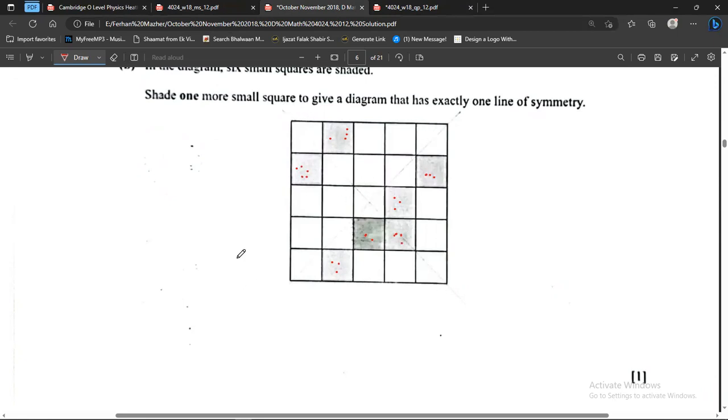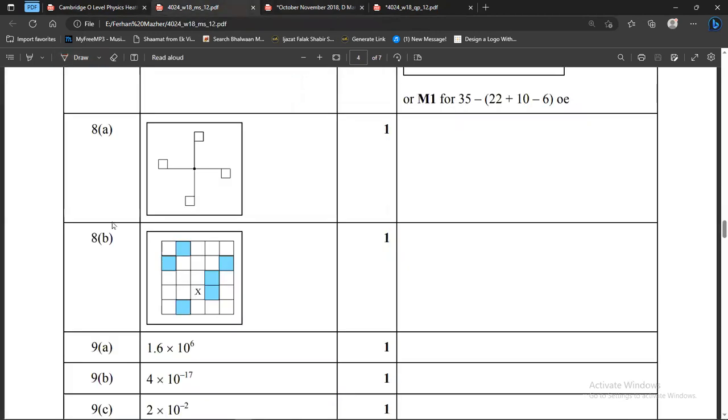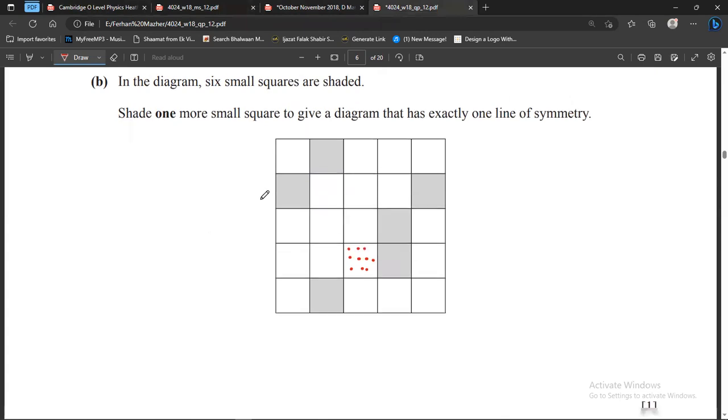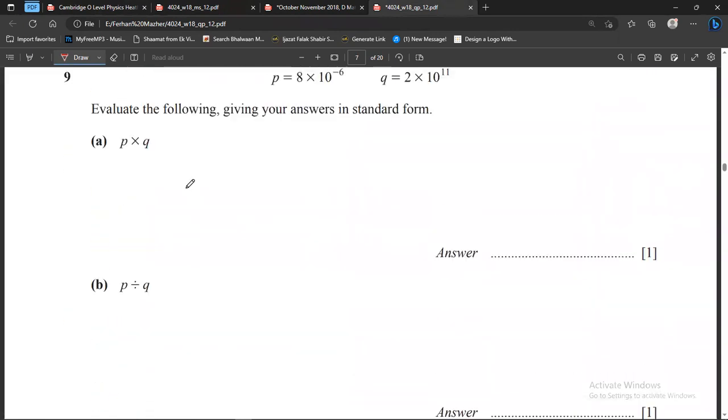This is the only one line of symmetry. A line of symmetry will divide this figure into 2 equal parts, and when you fold the figure along the line of symmetry, the color will come over the color, and the white portion will come over the white portion. So I hope you understand this is the line of symmetry. You don't have to draw the line of symmetry, but for your understanding, I'm saying.